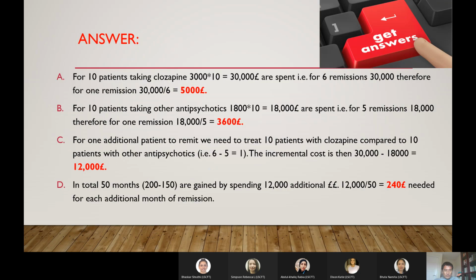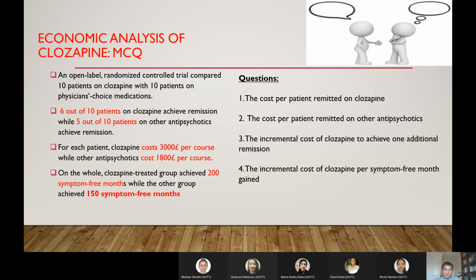The option you have got from above, you divide by 50, and you get the answer. So the trick in this kind of MCQ is: if they use symptom-free month, use this clue. If they ask for one additional, most of the time this and this will be the same, so you just subtract this one and divide by this one. That gives you an answer.